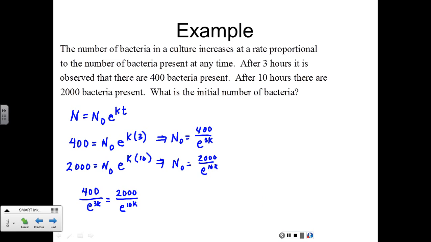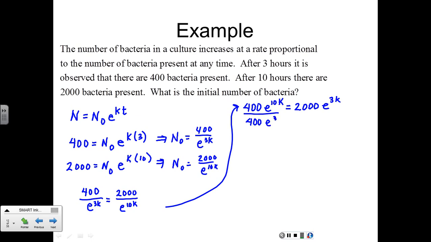So let's see what we got there. 400 e to the 10k equals 2,000 e to the 3k. Any suggestions, guys, on how I might solve this? Divide by e to the 3k. What else can I divide by? 400. Okay, so what's it going to give me on the left side?